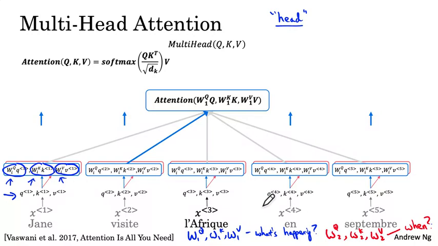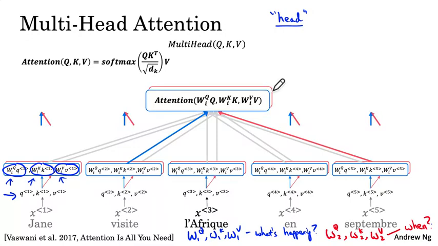So you repeat a computation that's exactly the same as the first one, but with this new set of matrices instead. And you end up with, in this case, maybe the inner product between the septembre key and the l'Afrique query will have the highest inner product. So I'm going to highlight this red arrow to indicate that the value for septembre will play a large role in this second part of the representation for l'Afrique.